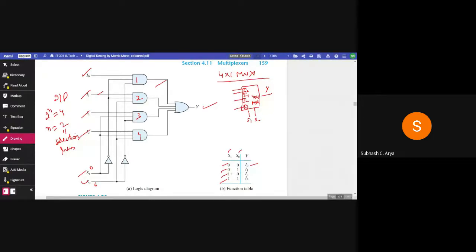In case of 0 1, the second AND gate will be enabled and the other AND gates will be disabled. That is why I1 will be available at the output, Y is equal to I1, when 0 1 is selected. Similarly for 1 0, I2, and 1 1, I3. So we can visualize the way the circuit is connected, just to enable and disable a particular AND gate.